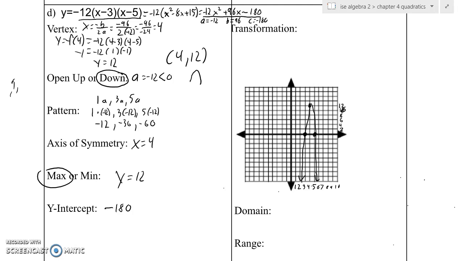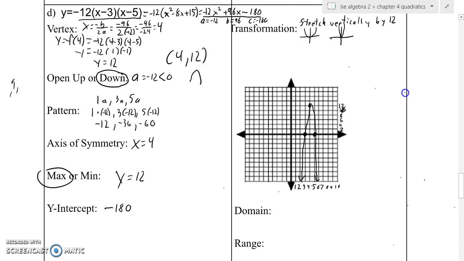Our transformation, we stretch vertically by 12. So we take our regular y equals x squared graph. Our first transformation is to stretch that up 12.